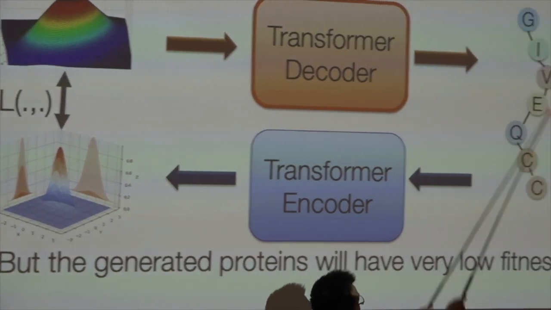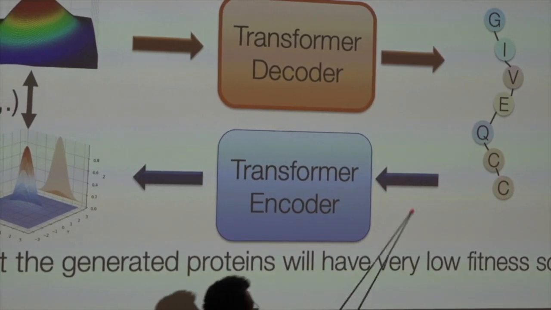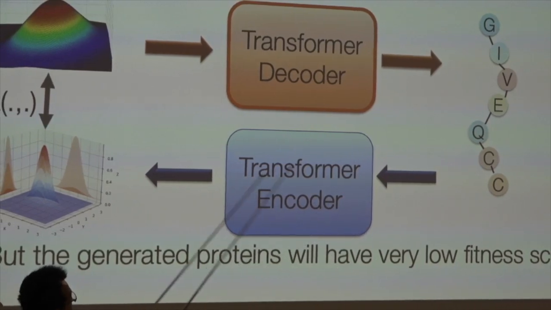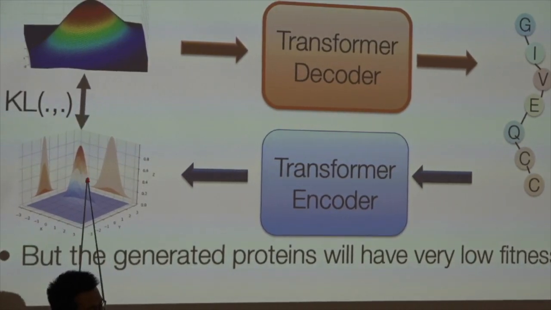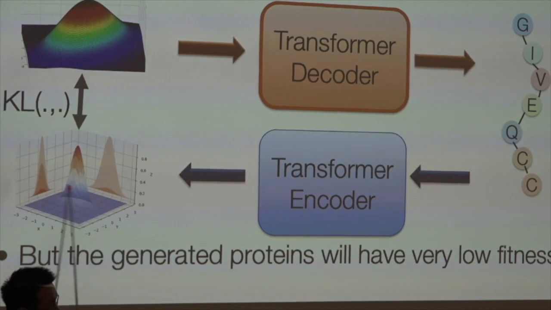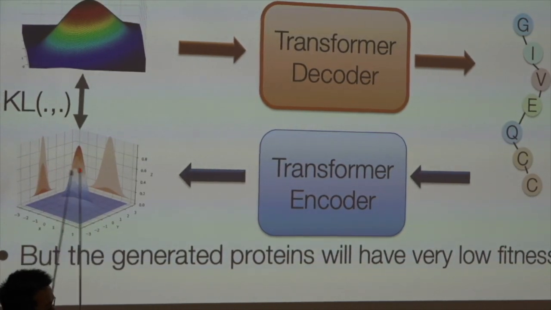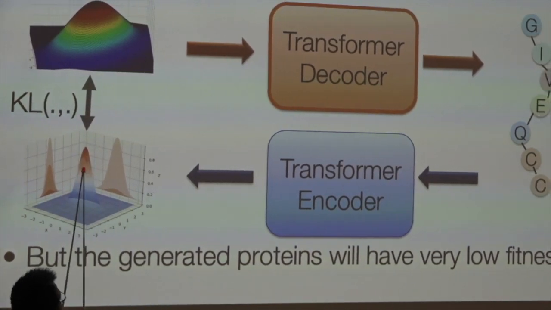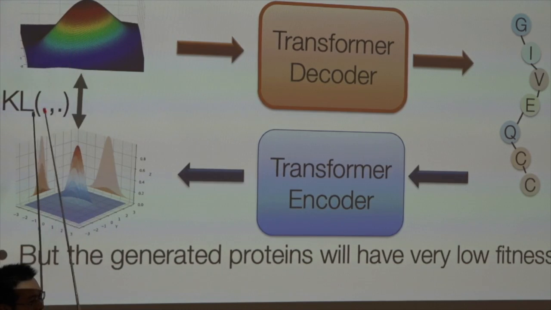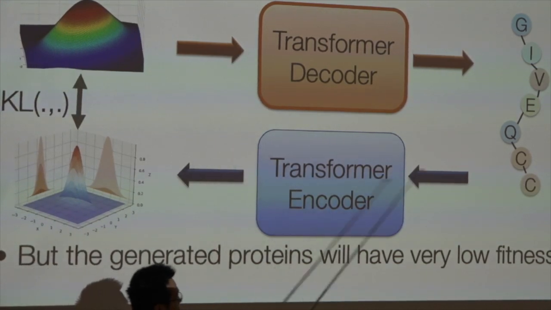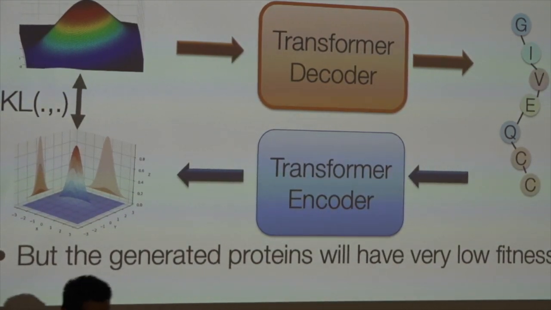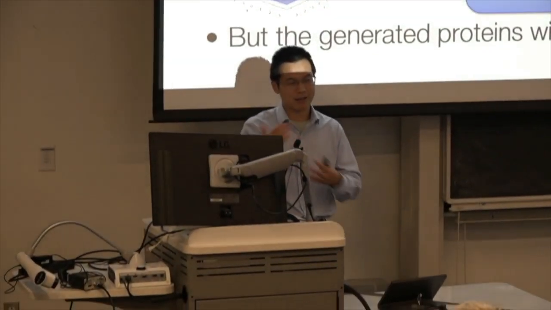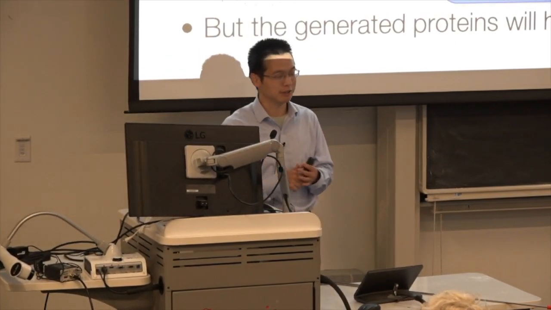Then from the ground truth sequence, we can go back using a transformer encoder to encode the sequence into a vector representation. And this will be the posterior distribution. The training loss here is we bring this posterior distribution closer to the prior distribution using KL divergence, together with a reconstruction error. That's the same training loss we use for text with the variational autoencoder model.